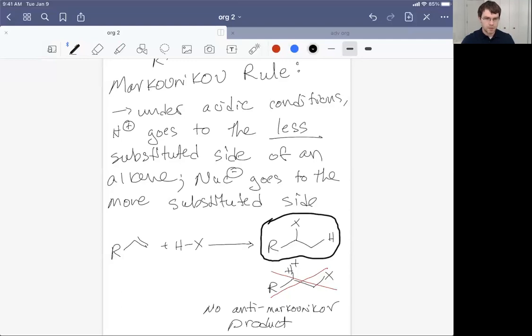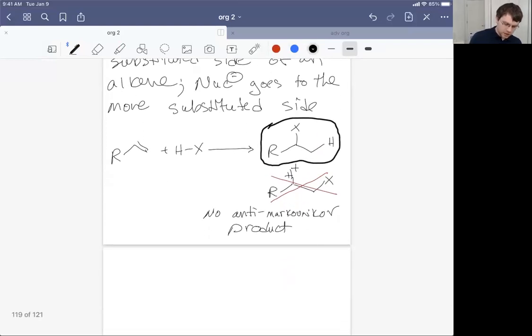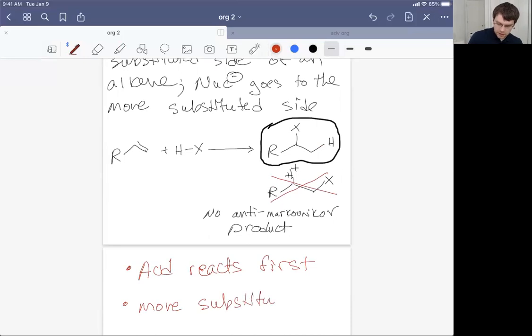So it turns out that the Markovnikov rule is fairly robust. Now, what underlies the Markovnikov rule is, number one, the acid reacts first to form the more substituted carbocation.